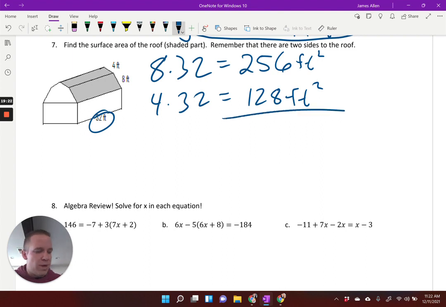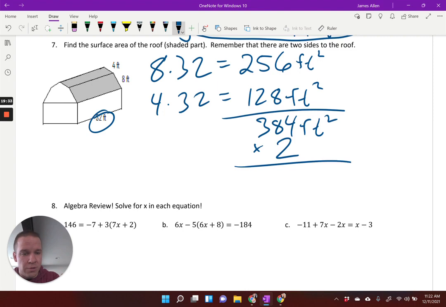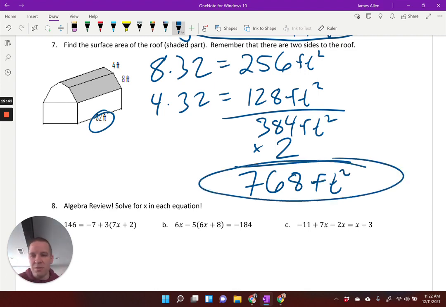If we add those 2 up, I get 384. But that's only for what we see, so I do need to multiply this by 2. And I will get my final answer of 768 feet squared. So we got our hidden 2 sides. That's going to be everything.